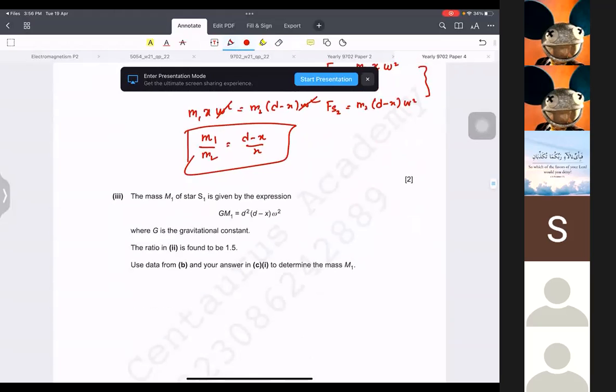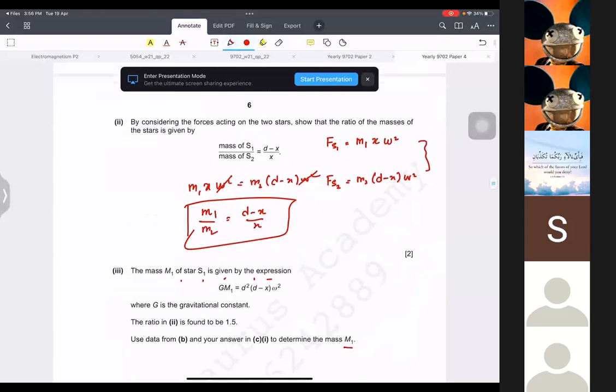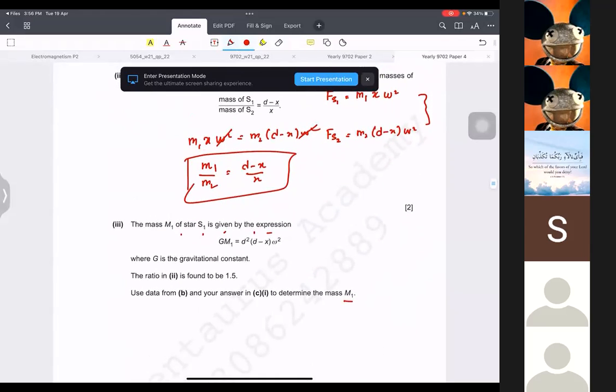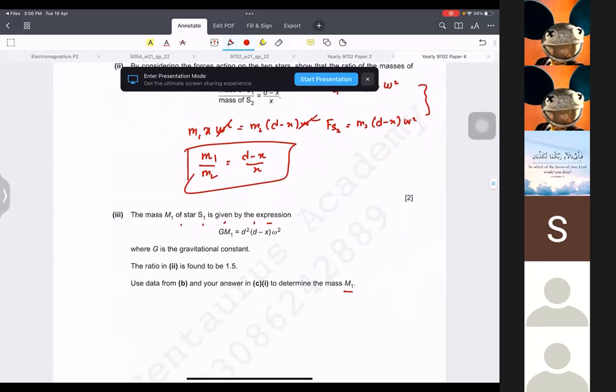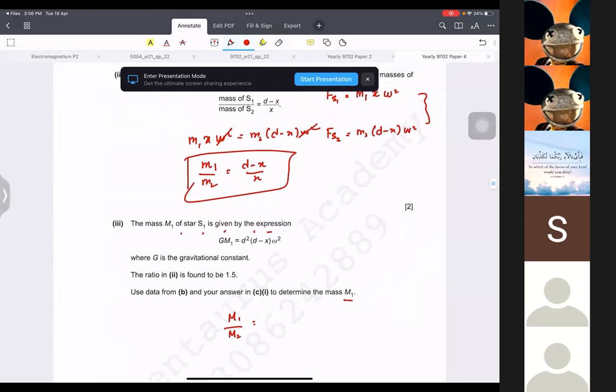Okay, use your answer to determine mass M1. The mass of S1 is given by the equation, where G is the gravitational constant and the ratio is found to be 1.5. Well, if M1 over M2 is equal to 1.5, which means D minus X over X is also 1.5.